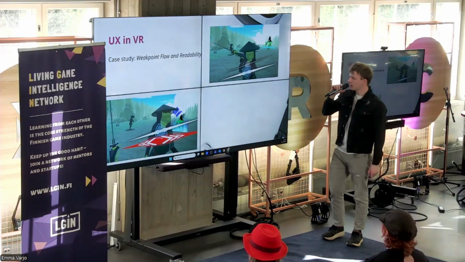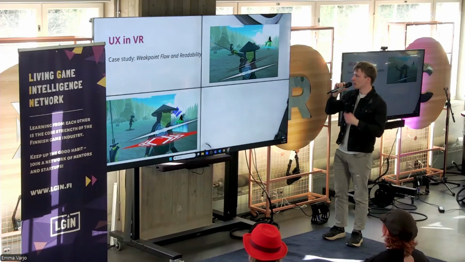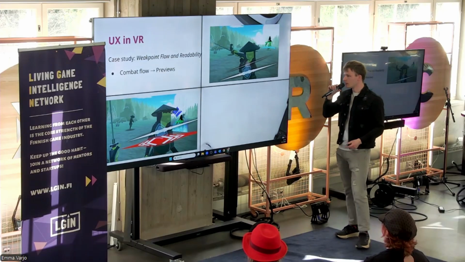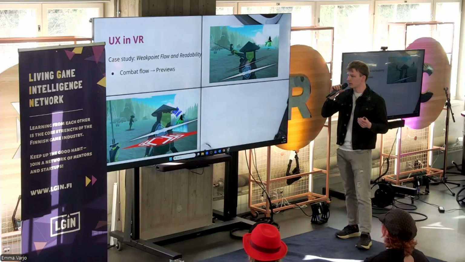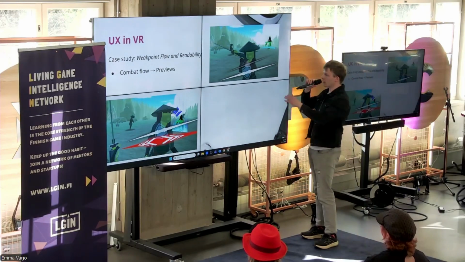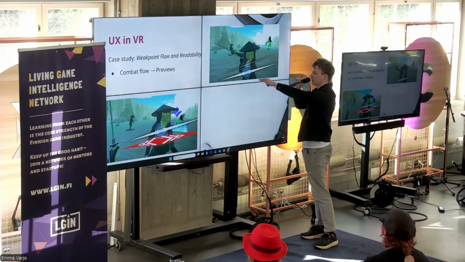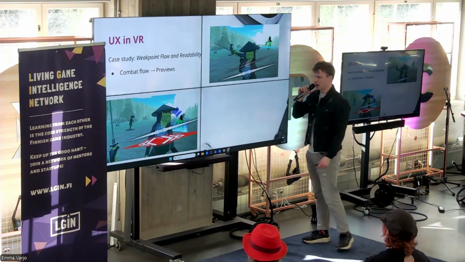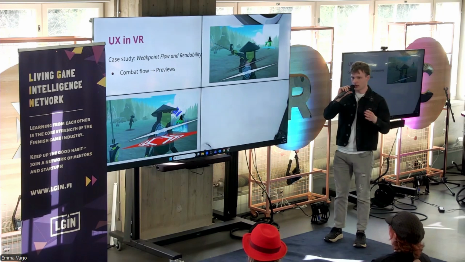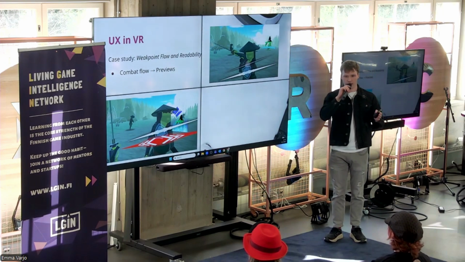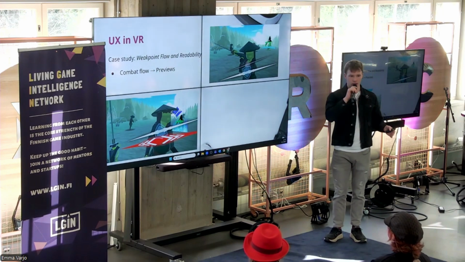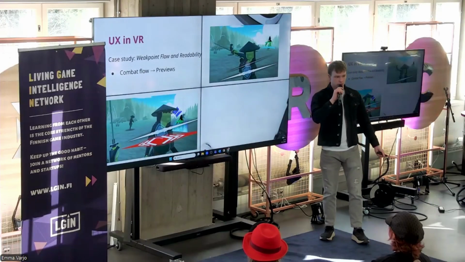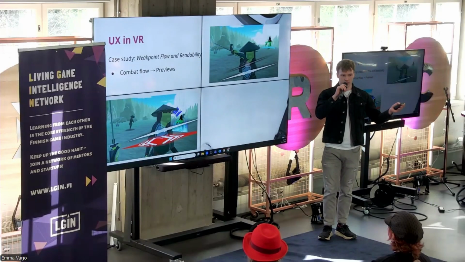Now the problem, or let's not go there yet. We had another issue, which was that we are showing a lot of them here. As you can see, there are two lines showing up. That is because we need to prepare the player for what's about to happen. If we show just one at a time, the combat becomes very choppy.